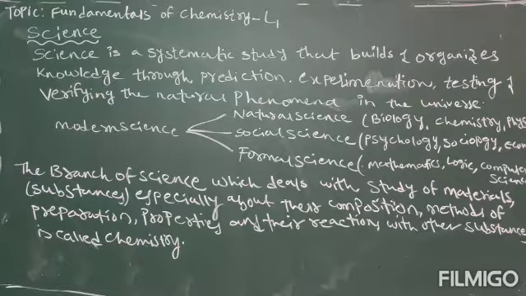This may not come in any competitive exams, but these are the starting ABC of sciences. The next we will be seeing the various branches of chemistry. You may be studying organic chemistry, inorganic chemistry, physical chemistry, analytical chemistry, but you don't know why we are studying that. So these definitions will help you and create an interest in chemistry.